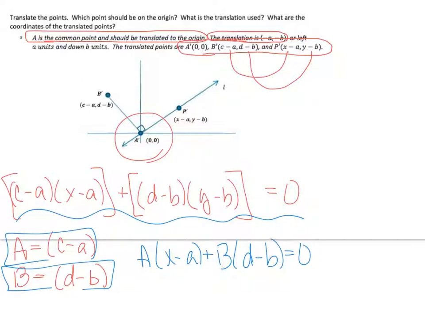Which line have we written the equation of? We end up with the equation of the line that passes through point A that is perpendicular to AB.